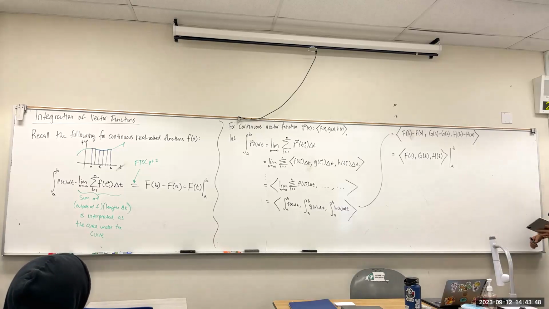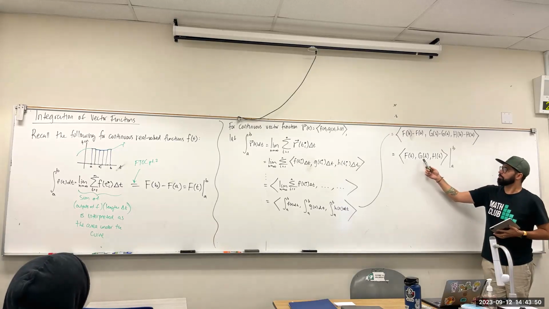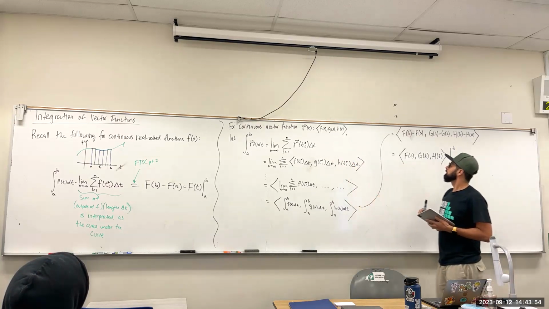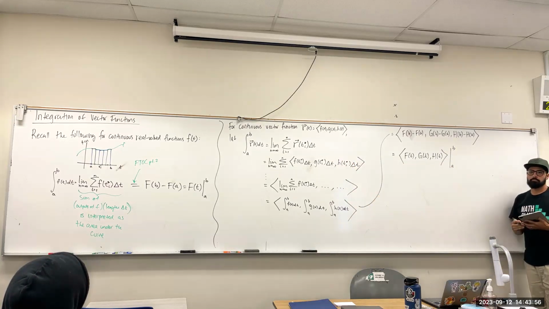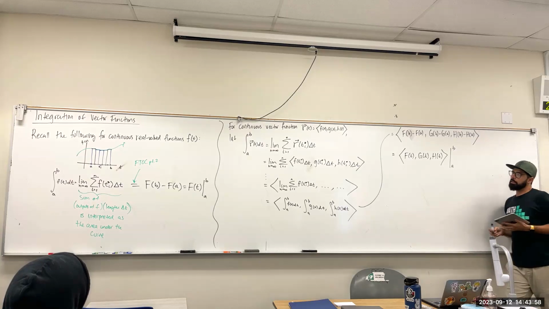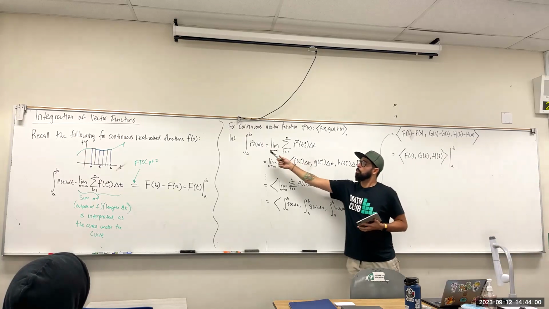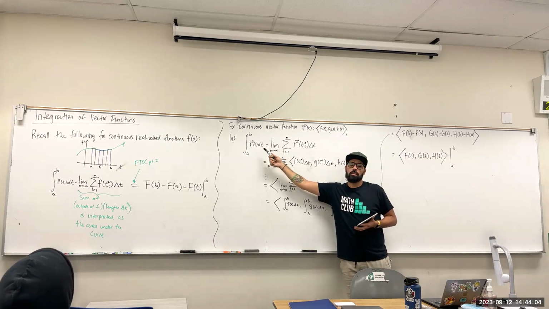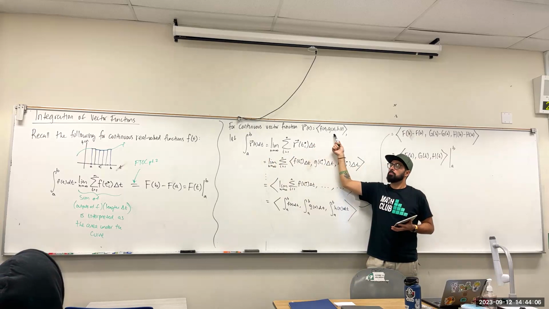Okay. Well, these are just the antiderivatives of little f, little g, and little h. So what does that mean? That to do one vector function integral, you have to do 3 integrals.